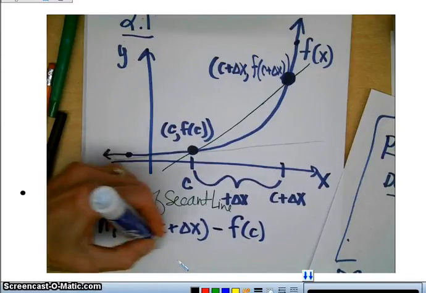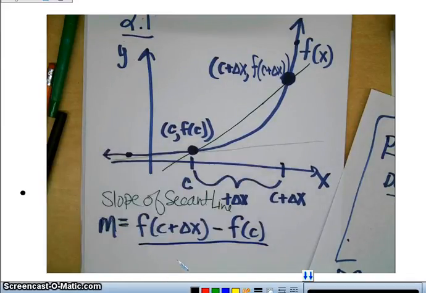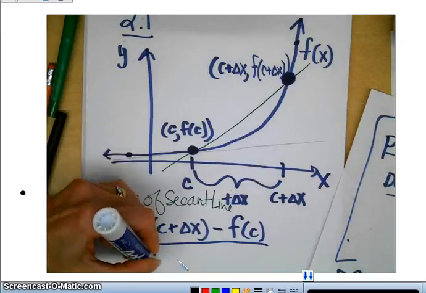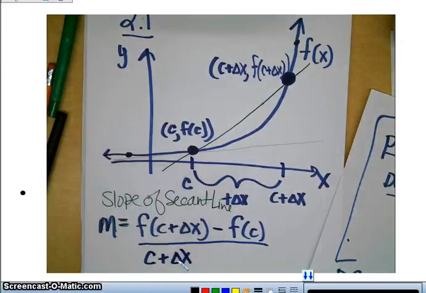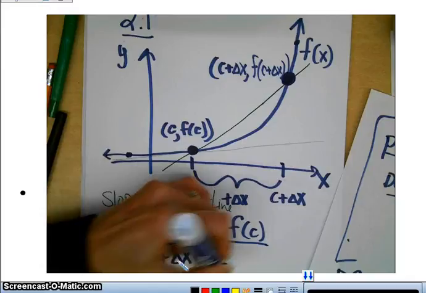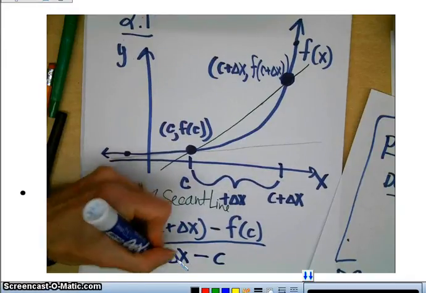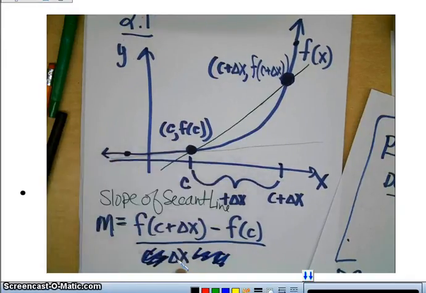And then on the bottom, what do I subtract? The x values. So the x value of the second point is C plus delta x minus C. And what cancels? The C's. So then on the bottom, I just have delta x.